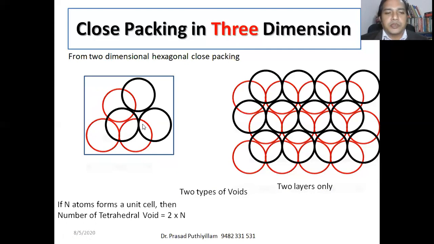Many atoms are required to become a unit cell, but this is not an exact unit cell. So if n atoms are there in a unit cell, then the number of tetrahedral voids formed will be 2n. This formula has no relation with this figure. It will be 2 into n, that you have to remember.